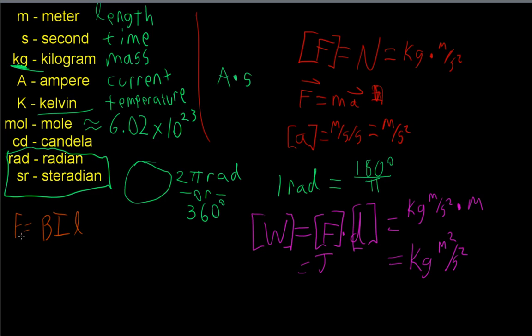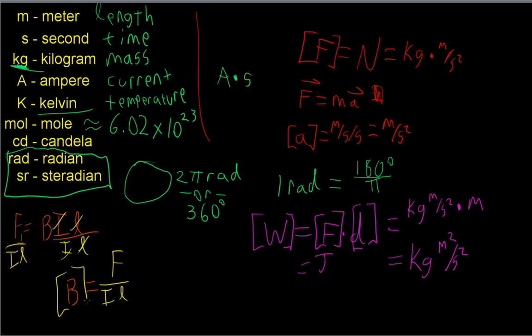We're going to assume this is perpendicular. And then basically I want to solve this for B, so I'm going to divide both sides by IL, canceling out the things on this side, put IL over here. So this magnetic field is now basically your force over current times length, okay?